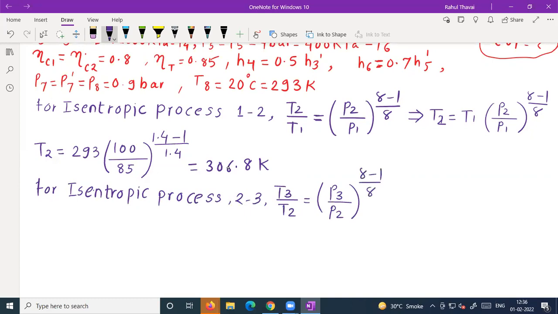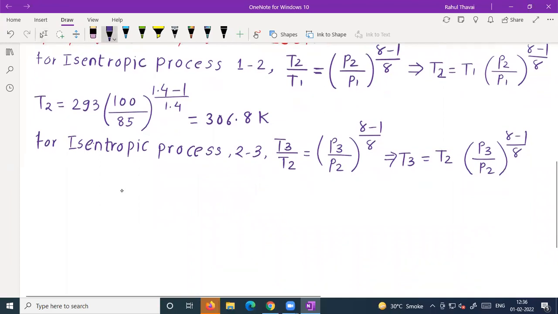I just want the value of T3 now. So I'll write T3 is given by T2 into P3 by P2 raised to power gamma minus 1 by gamma.